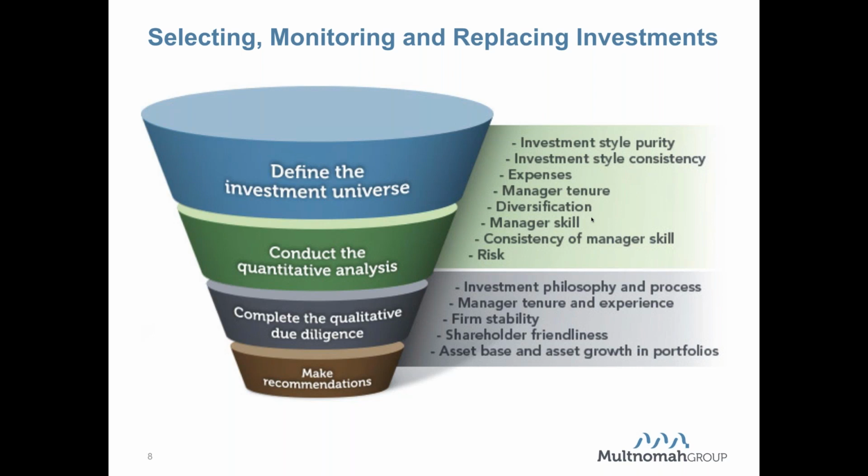So for instance, a committee may say, if we have a product which is in the bottom half of its peer group on a 5-year basis for 3 consecutive quarters, it'll go on watch list, and if it happens for 5 consecutive quarters, it'll be recommended for removal.